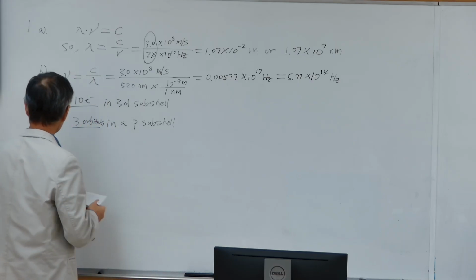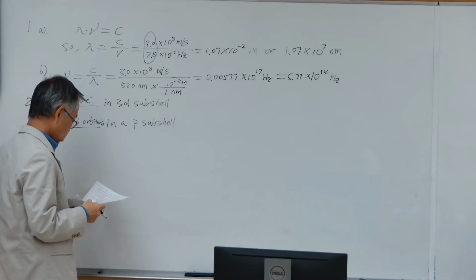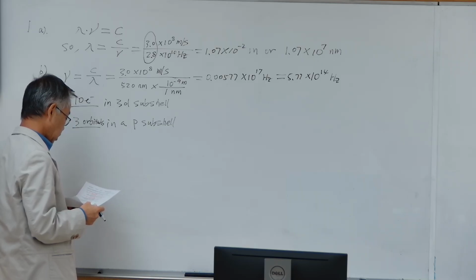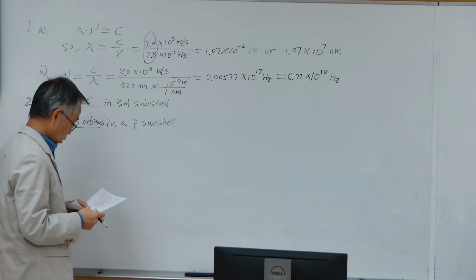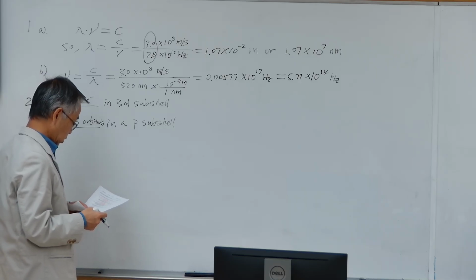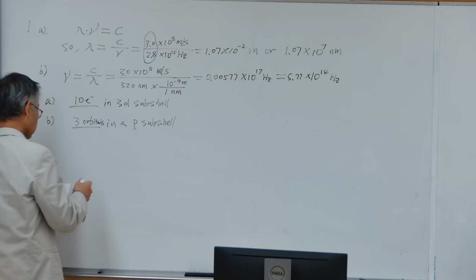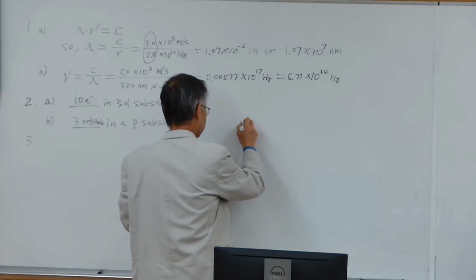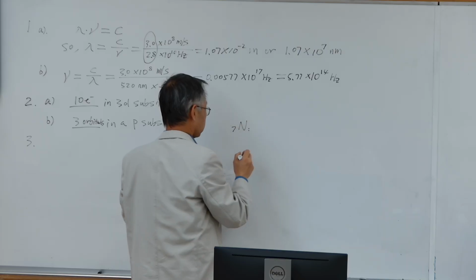Right. Then question 3 asks you the orbital diagram of ground state nitrogen is which one? Give you choice. Row 1, row 2, row 3. So first, what is nitrogen's electron configuration? So nitrogen 7 electron.